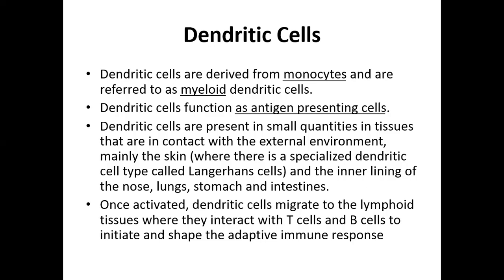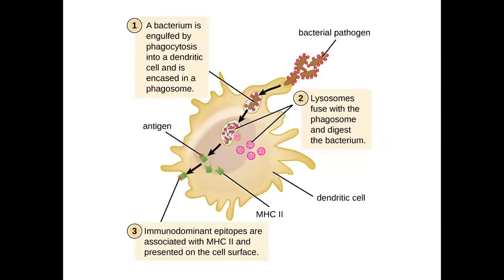So they are on the first line, and they are the first to meet the new antigen. Once activated, the dendritic cells migrate to the lymphoid tissue where they interact with T cell and B cell to initiate the adaptive immune response. So after interaction with the new antigen, they will go to the lymphoid system to initiate the adaptive immune response.